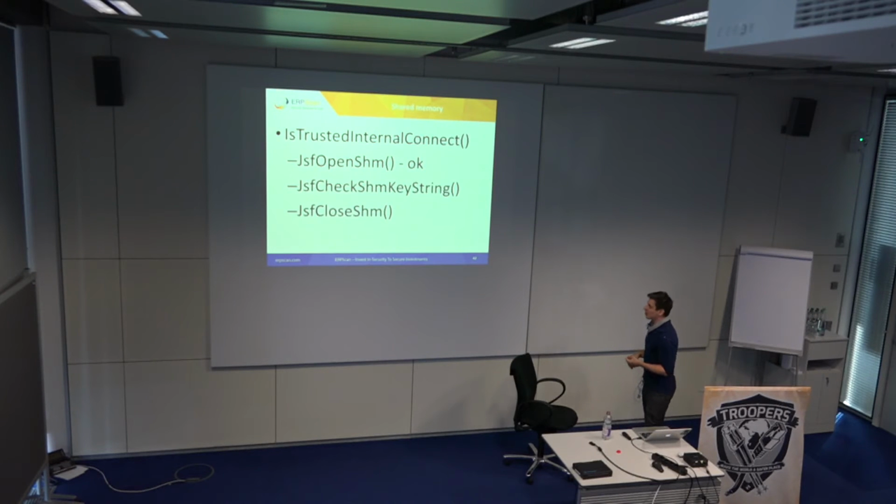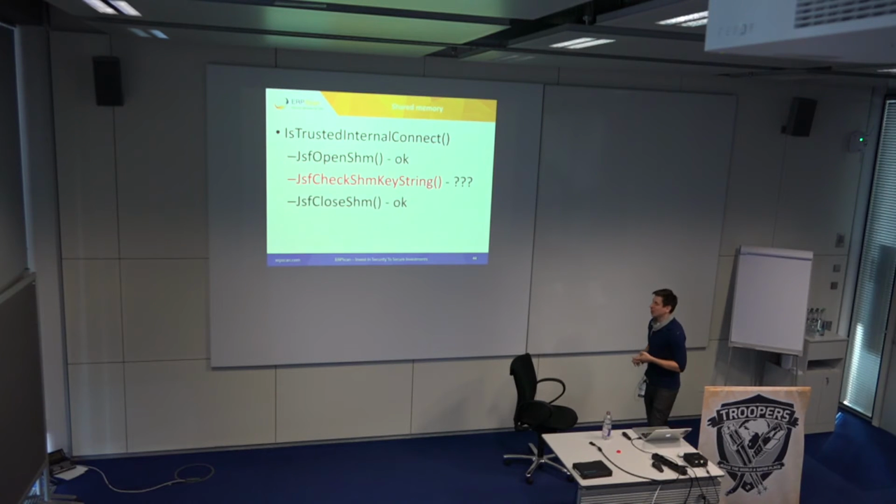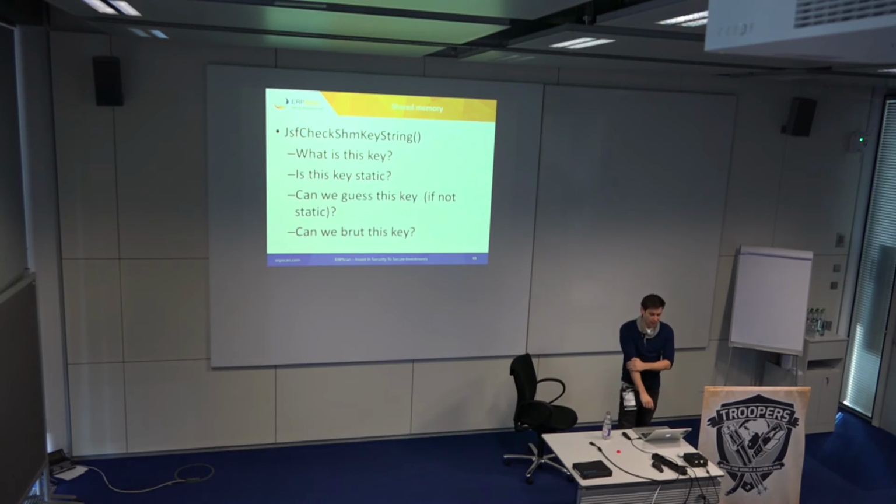Obviously, open SHM just opens shared memory, and close SHM just closes shared memory. What about check SHM key string? Okay, go to the debugger, go to the disassembler, and try to understand what the key is.